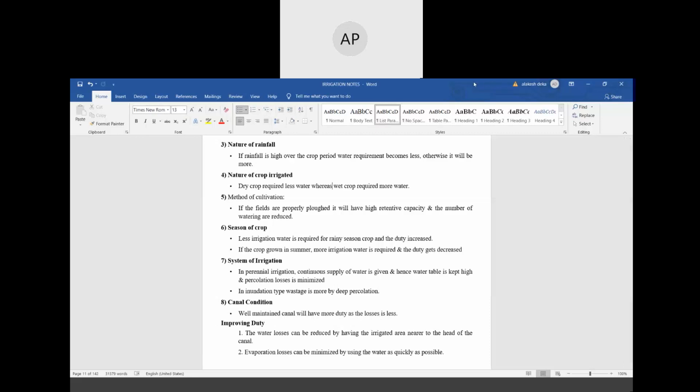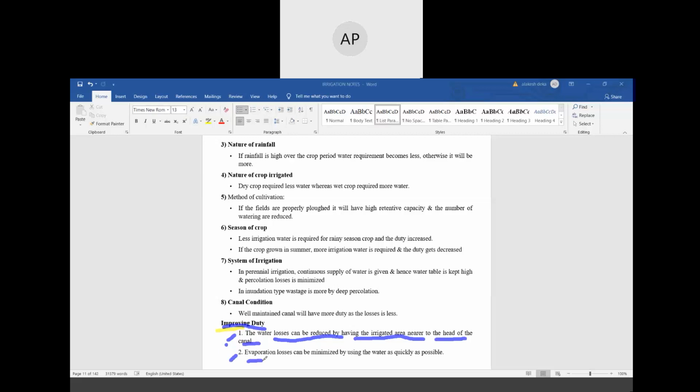Improving duty. So there are some methods by which we can improve duty. Number one, water losses can be reduced by having the irrigated area nearer to the head of the canal.